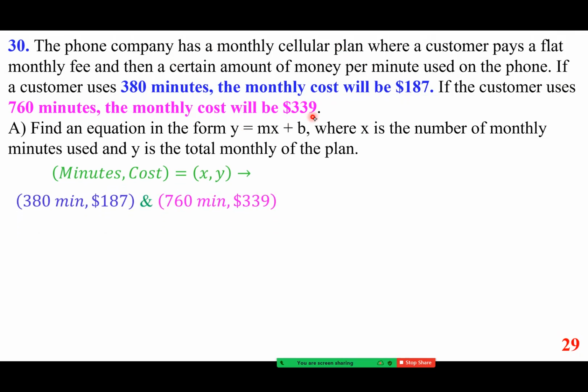So we have two pairs. We're going to calculate the slope, which is rise over run. y sub 2 minus y sub 1 over x sub 2 minus x sub 1. So 339 minus 187 over 760 minus 380. That's 152 over 380, and it's 0.4.